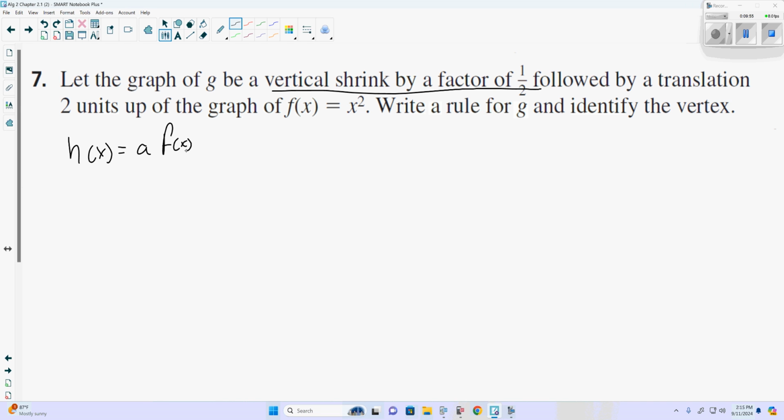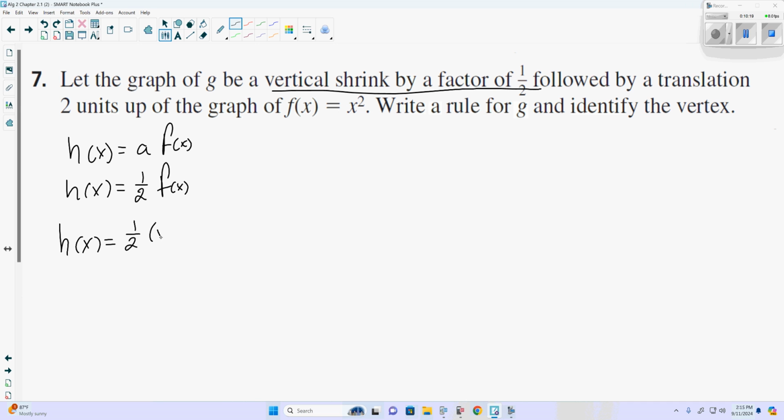H of x equals A times f of x. Well, our A in this case is 1/2. F of x in our case is x squared.